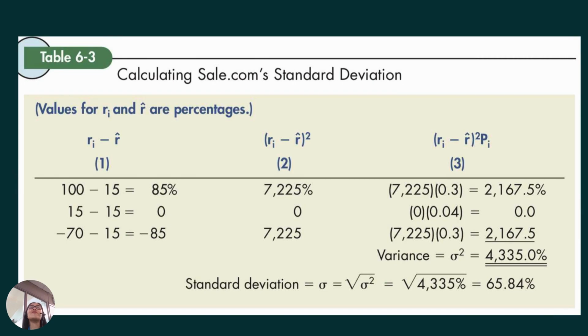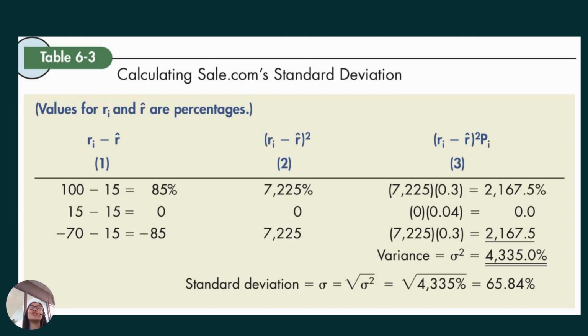Thus the standard deviation is essentially a weighted average of the deviations from the expected value, and it provides an idea of how far above or below the expected value the actual value is likely to be. In Sale.com, the standard deviation is seen in Table 6-3 to be 65.84%.